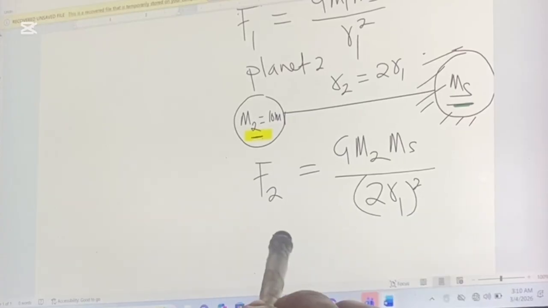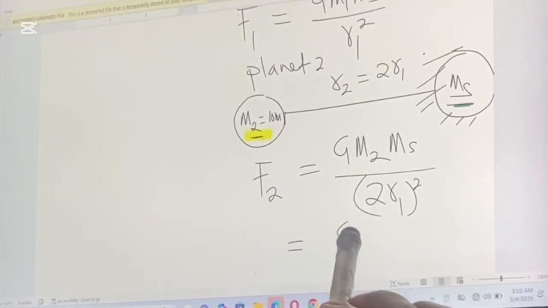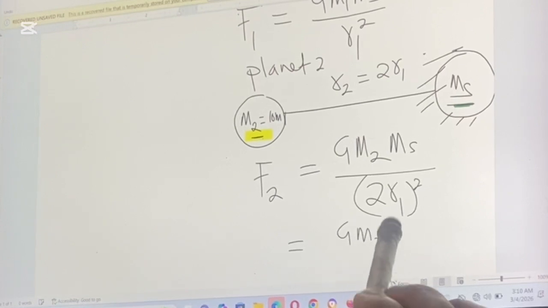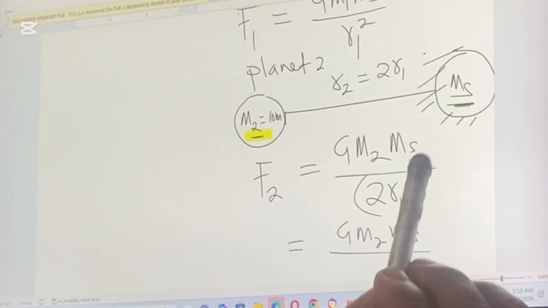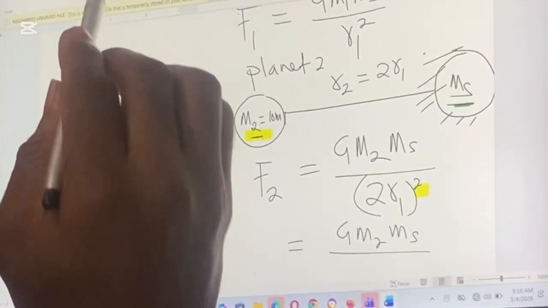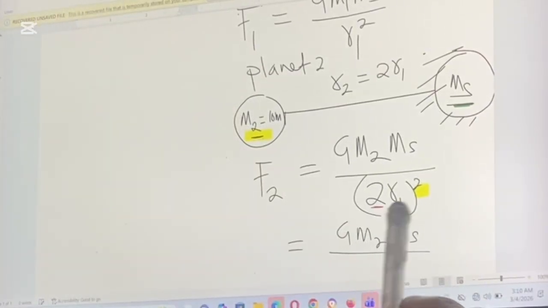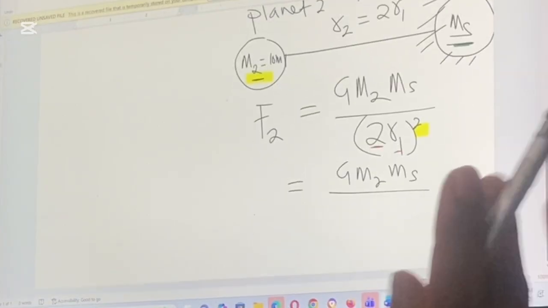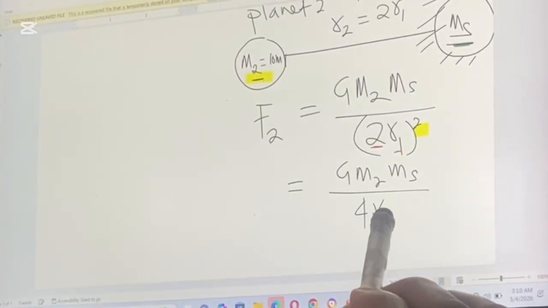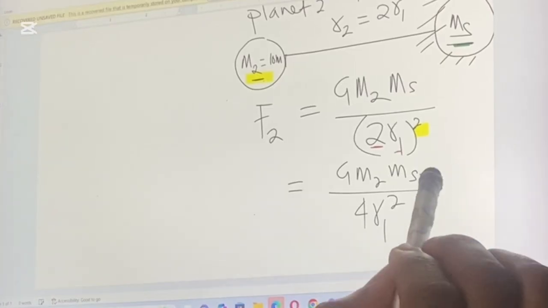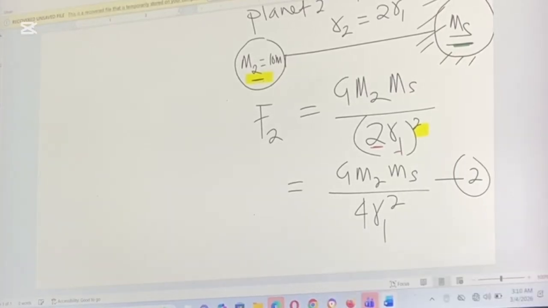When you simplify this, the square affects both 2 and r1, so my result here will be G M2 M sun over 4 r1 squared. This is my F2.